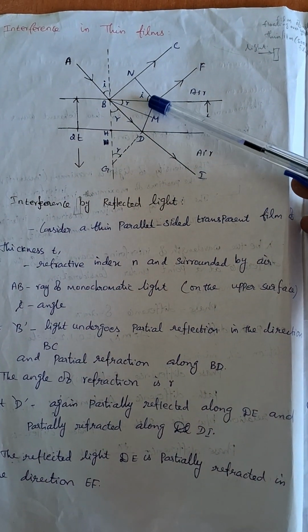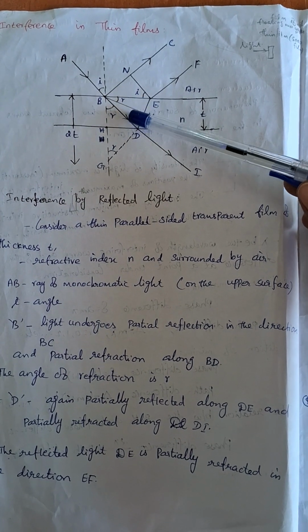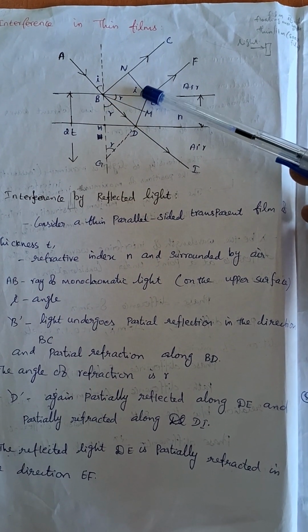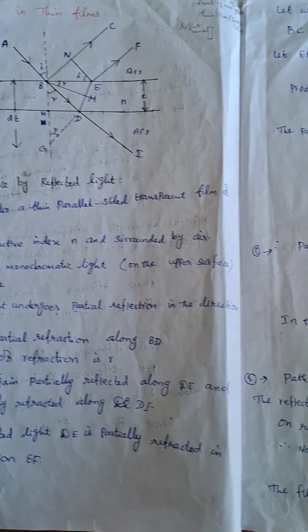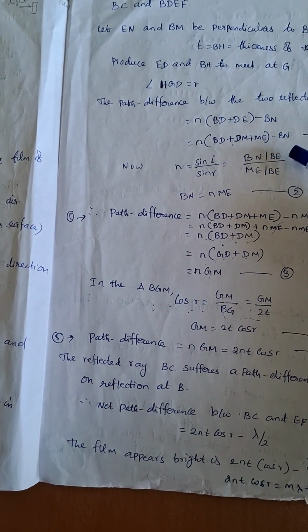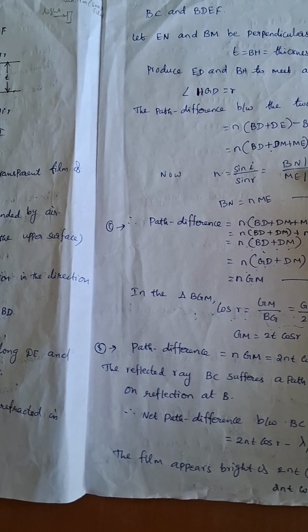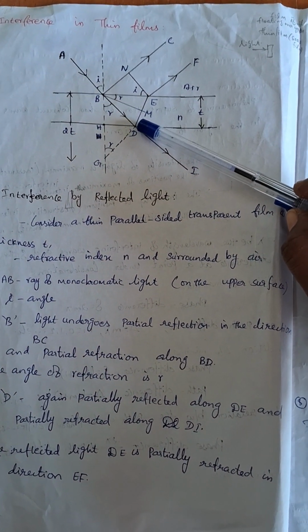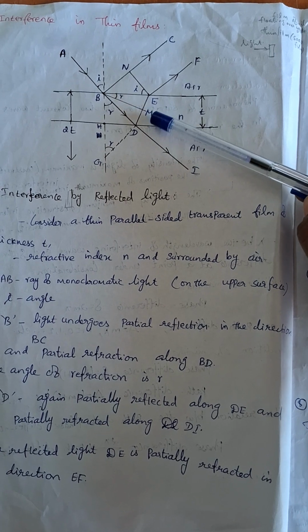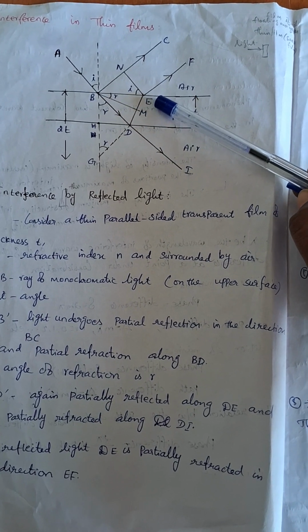In the triangle, sin i equals BN by BE, and sin r equals ME by BE.